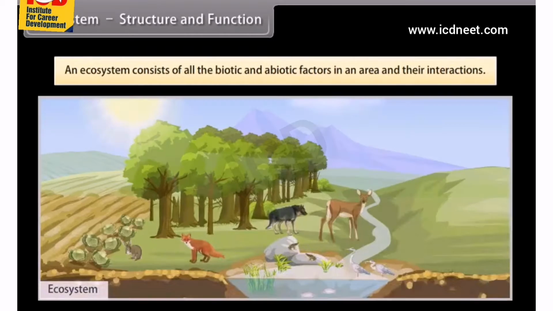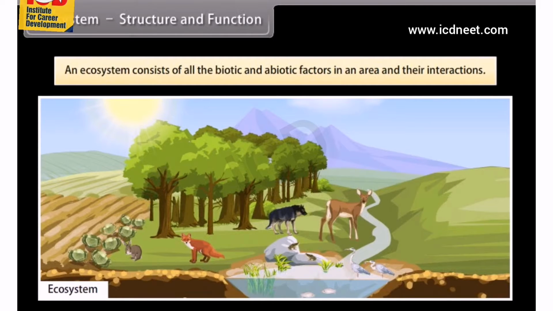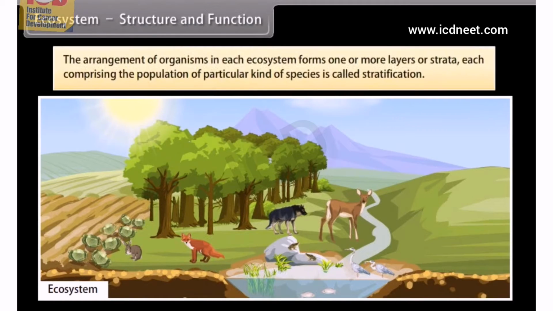Ecosystem, structure and function. An ecosystem consists of all the biotic and abiotic factors in an area and their interactions. The arrangement of organisms in each ecosystem forms one or more layers or strata, each comprising the population of particular kind of species, which is called stratification.